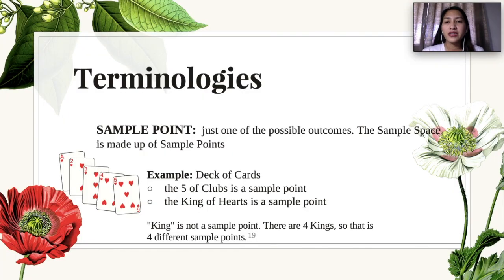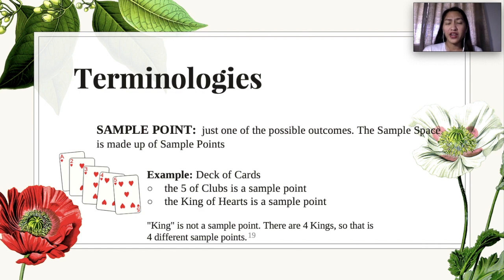Now, a sample point. This is the next terminology. A sample point is just one of the possible outcomes. The sample space is made up of sample points. So, a sample point is one of the possible results or possible outcomes. If you have, again, a deck of cards, the 5 of clubs is a sample point.